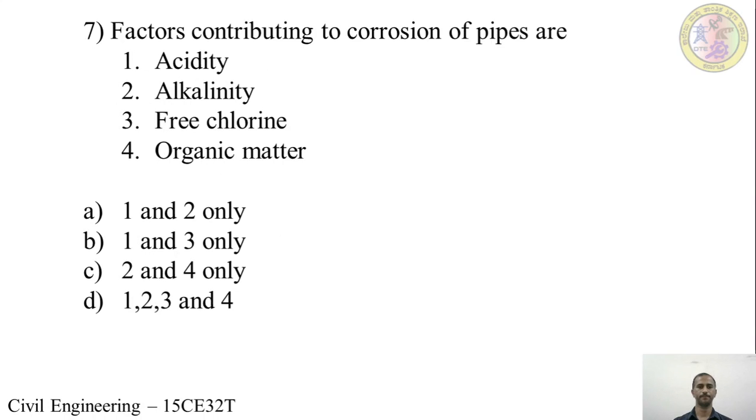Question number 7. Factors contributing to corrosion of pipes are 1. acidity, 2. alkalinity, 3. free chlorine, 4. organic matter. Options are A. 1 and 2 only, B. 1 and 3 only, C. 2 and 4 only, or D. 1, 2, 3 and 4.